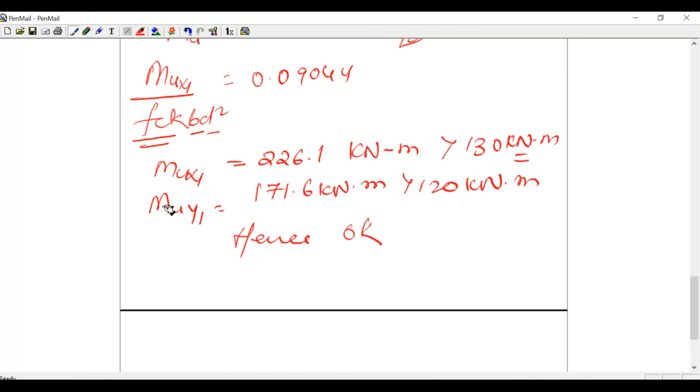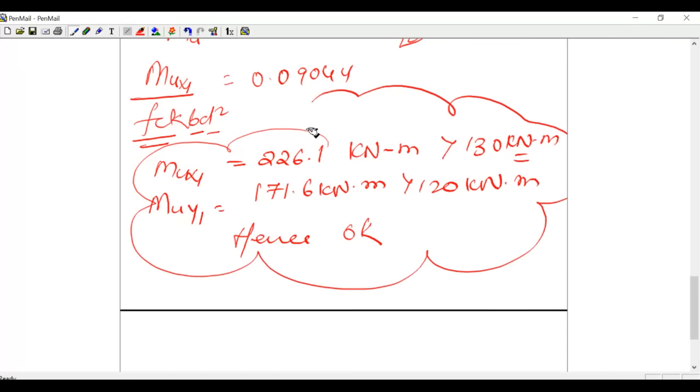So these moments are actually the moment capacity along both the axes, that is your x axis and y axis. So the reinforcement which we have provided is sufficient to resist the moment which has been asked to resist in the problem. So now we have satisfied the moment resisting criteria.